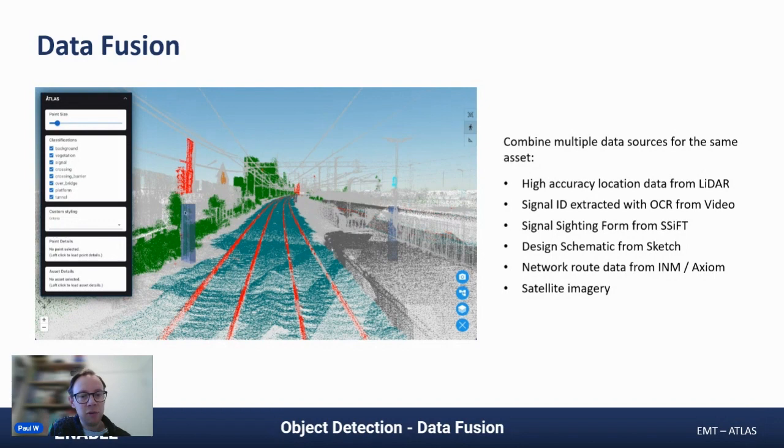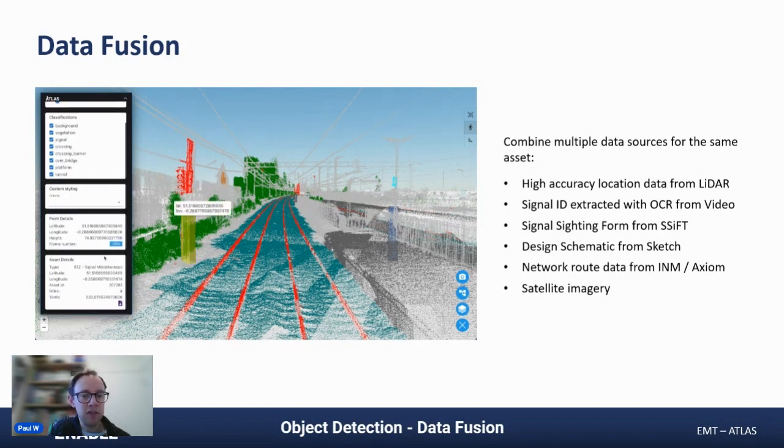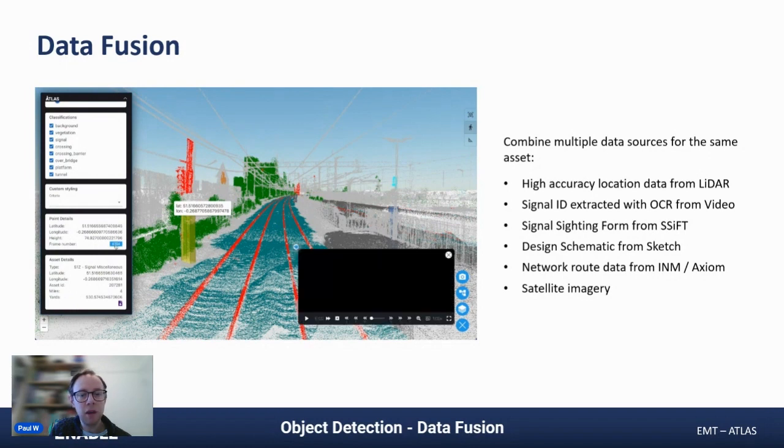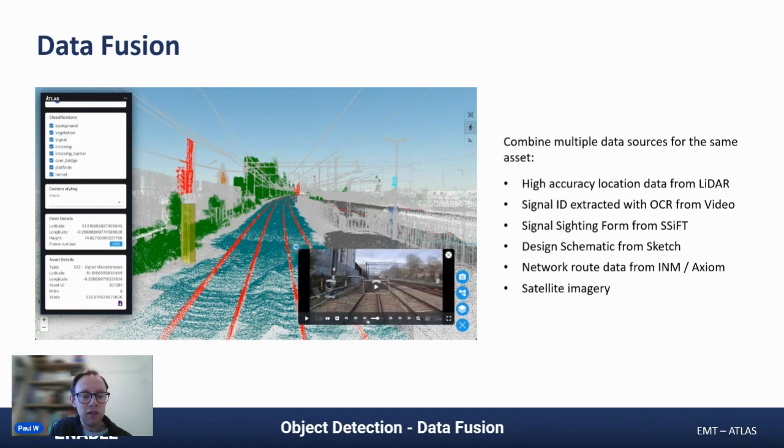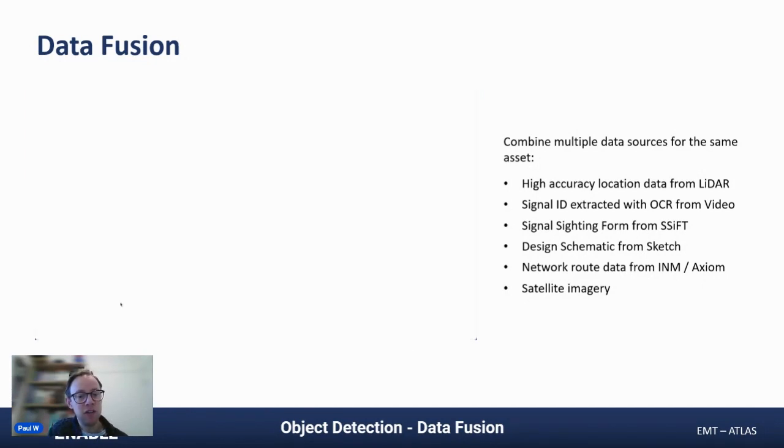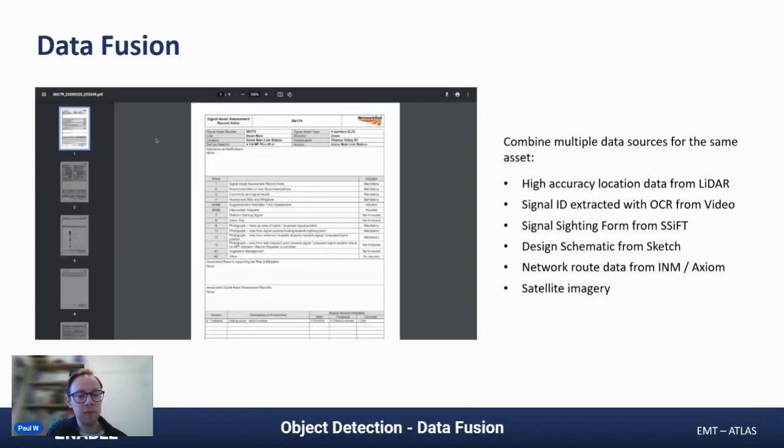In addition to the point cloud data, we also have processed forward-facing video for the same section of track, geolocating the video so the frames are held at the correct location along the track. By doing this, we can view the same signal on the video feed, which provides additional visual data that the signal displays.